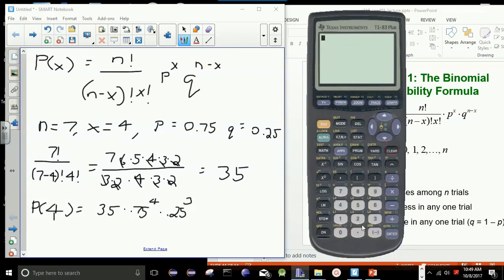So I have 35 times 0.75 to the 4th power times 0.25 to the 3rd power. And so that's a 17.3% chance that 4 customers will make a purchase. I believe the next question was a probability of 5. So just rework the same problem, replacing 4 with 5, and you'll get a different answer.